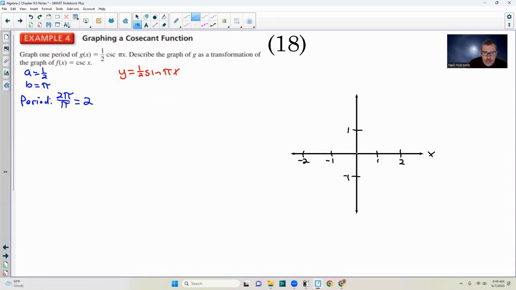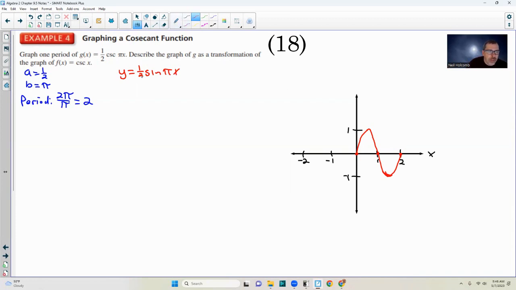So remember, sine starts at the origin and it goes up. At a half, it's going to be 1. And at 1, it's going to be 0. And at 3 halves, it's going to be -1, and then back up to 0 at 2. Remember what sine looks like. It curves up, comes down, and turns and goes back up. And there is one period of the parent function.